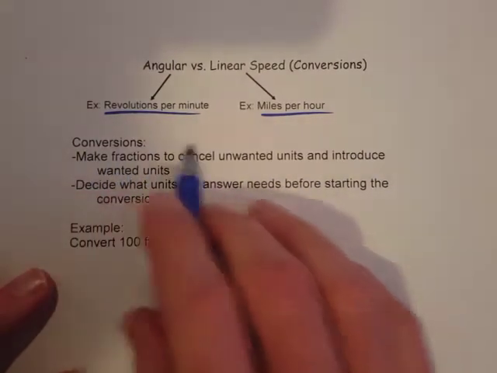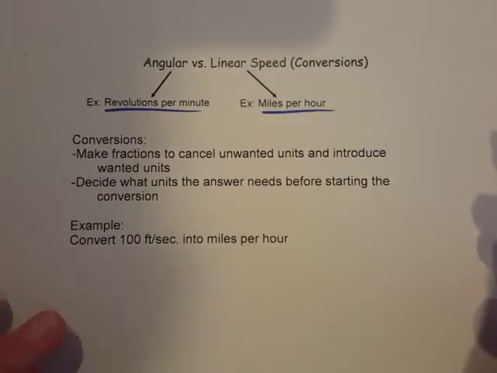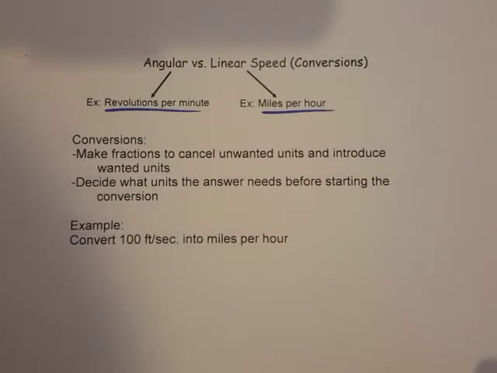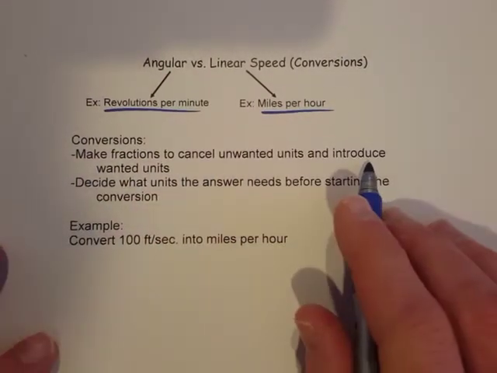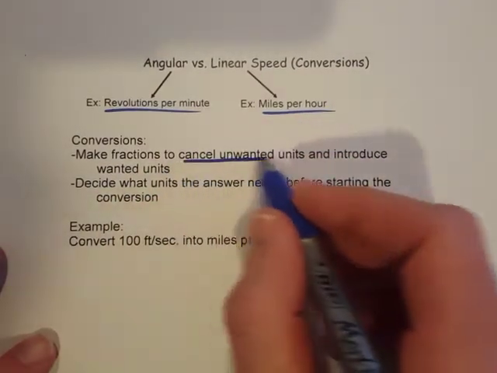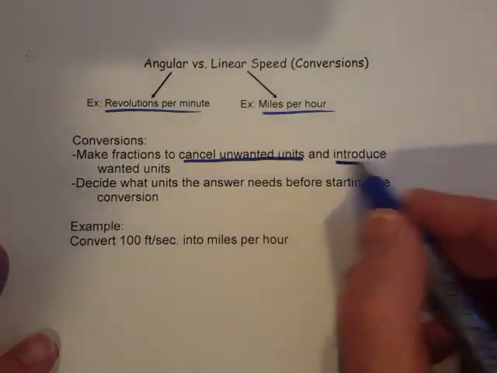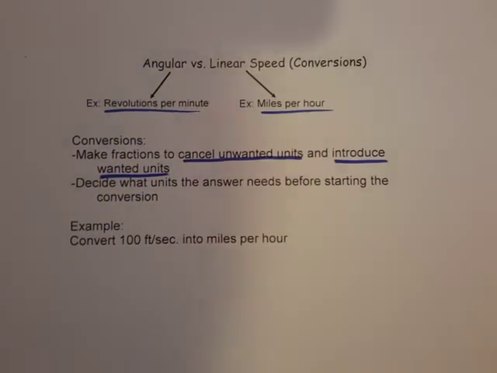So here are just some things to keep in mind with conversions. Conversions are whenever we're changing the unit. We're not actually changing the value of the problem, we're just changing how it's expressed. So one thing I would say is make fractions so that you can cancel unwanted units and introduce wanted units. That's our goal with all of this. The numbers are really going to be kind of an afterthought.